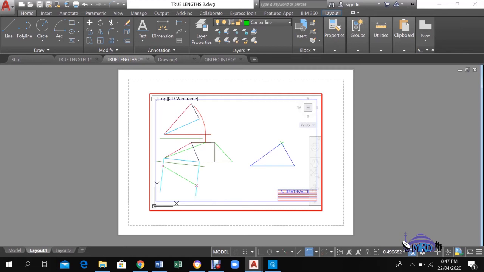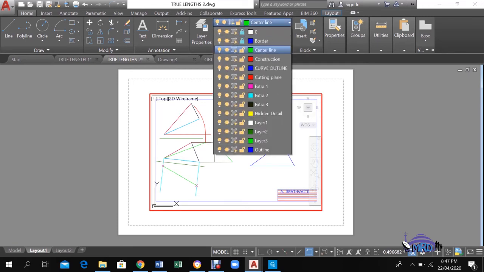So for this example, we'll be using something called a lamina. A lamina is basically a thin piece of material, and that thin piece of material is suspended between the principal planes of projection.